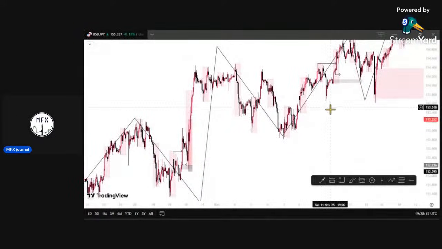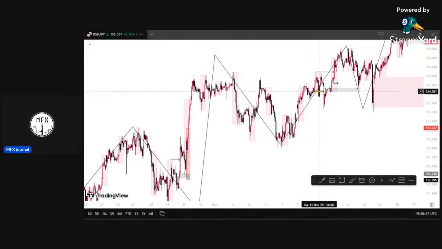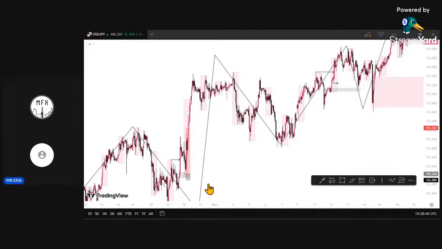For example, here price took out the Asia range low, broke structure to the upside right here, and continued buying. So just have that at the back of your mind. If you guys have any question, you can tap. I use the 1 hour time frame and the daily time frame.